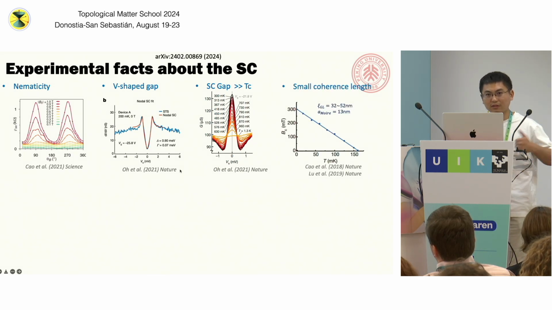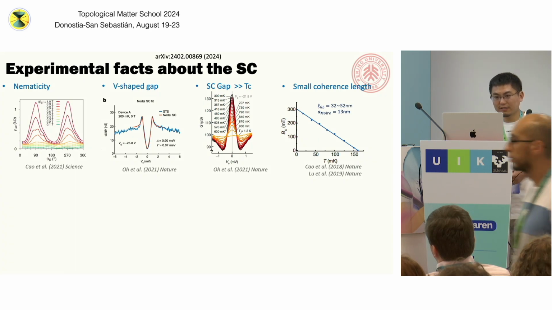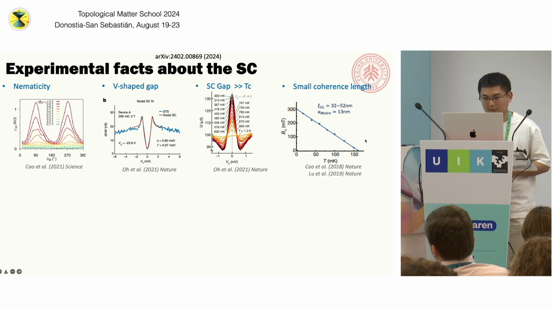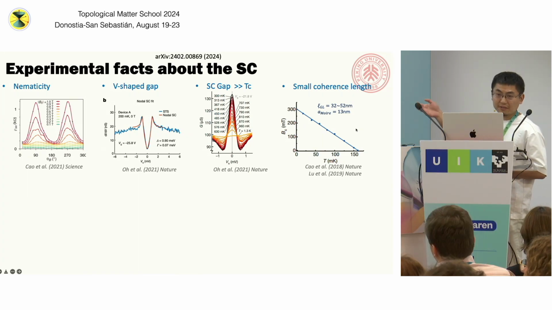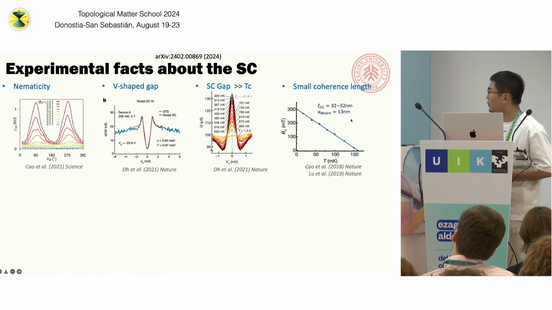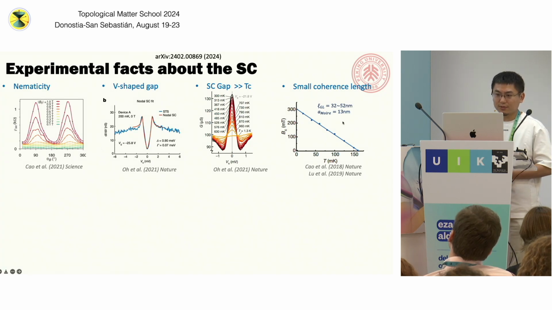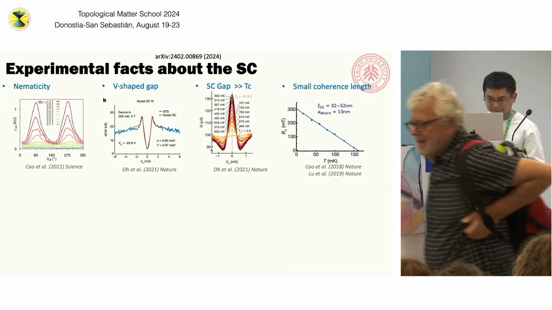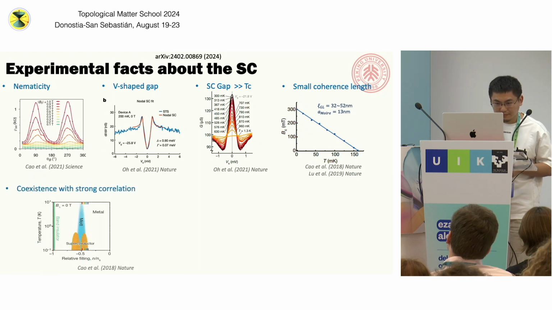You have a stronger pairing than the superconductivity. This fact also aligns with the previous experiment where the coherence length is measured, and the measured coherence length turns out to be comparable with the moiré lattice constant. That also means that the pairing is quite local in real space. I think these two experiments match each other in picture.